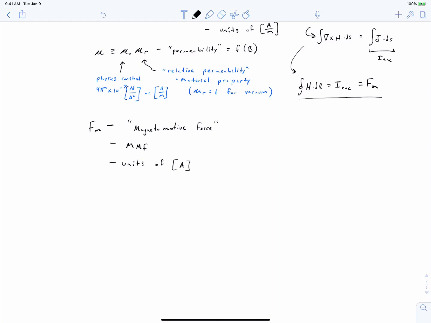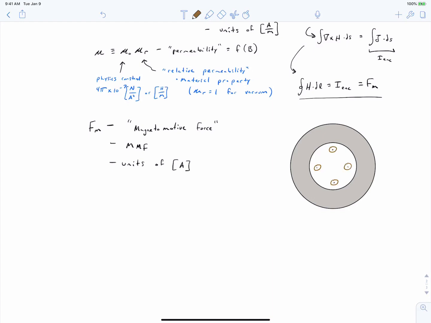Suppose that we have some core of ferrous material, of steel, that looks like this. The shaded gray region is steel, and it's hollow inside, and we've placed conductors in there that are carrying a current.